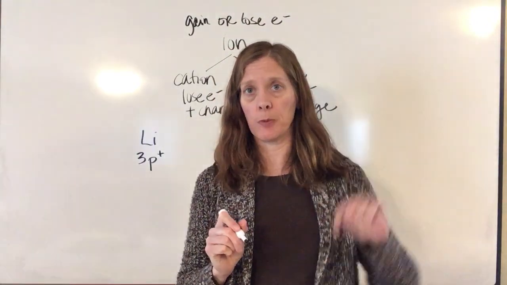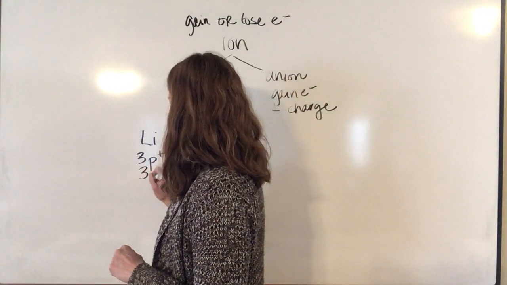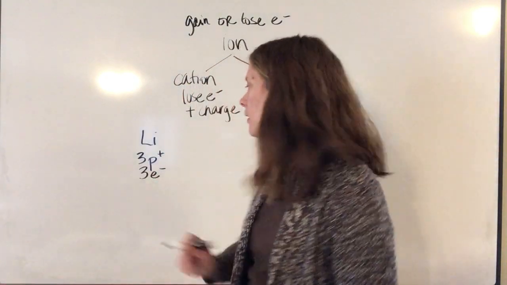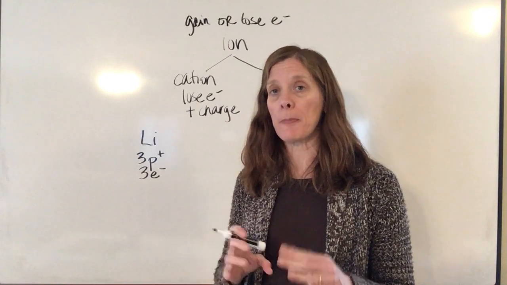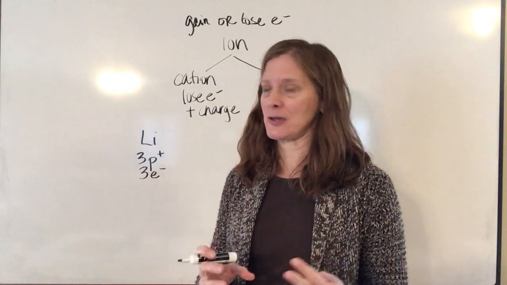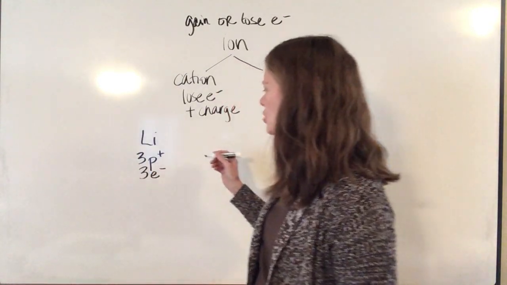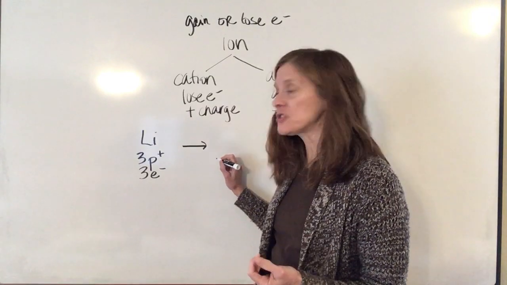That's the number that's up in the upper left-hand corner. And so if it is neutral, it's going to have 3 electrons as well. And your protons and your electrons are opposite in charge, equal in magnitude. Sorry about that.